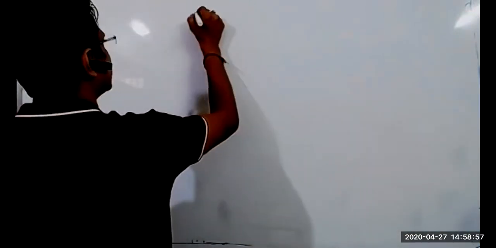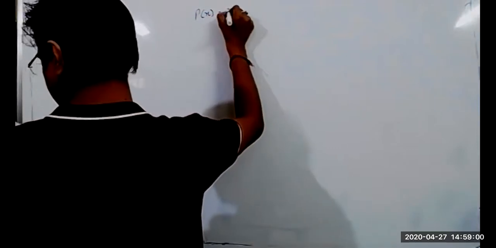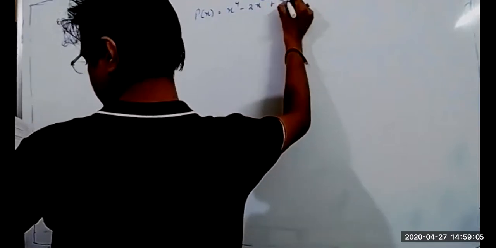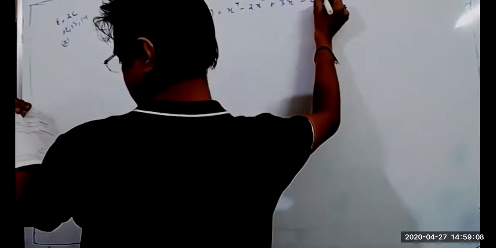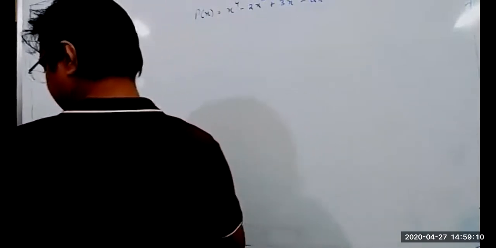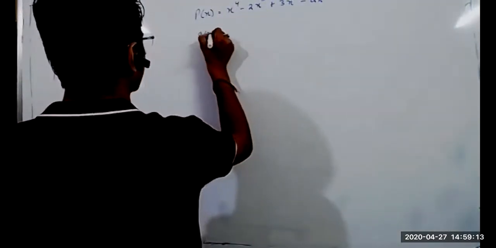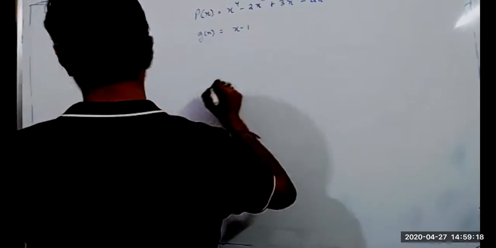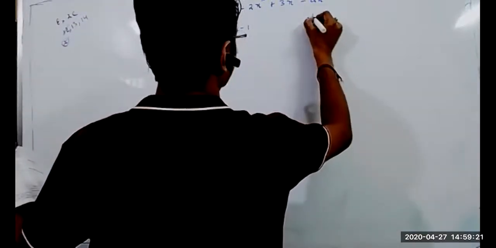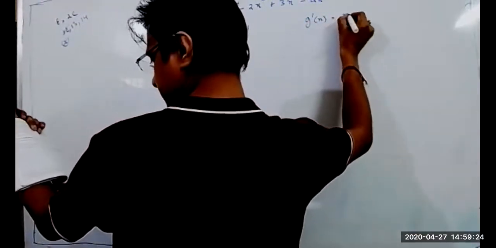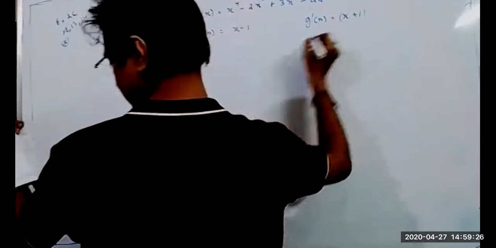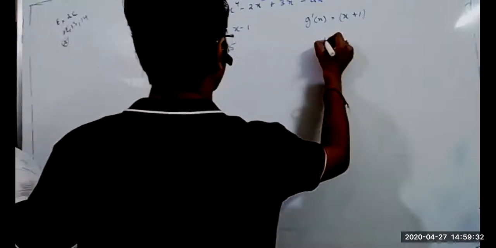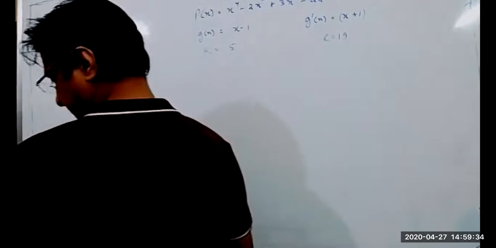So p(x) is equal to x to the power 4 minus 2x to the power 3 plus 3x to the power 2 minus ax plus b, when divided by x minus 1. g(x) I'll take as x minus 1, and when divided by g dash x, I say x plus 1, leaves the remainder 5 and 19 respectively.